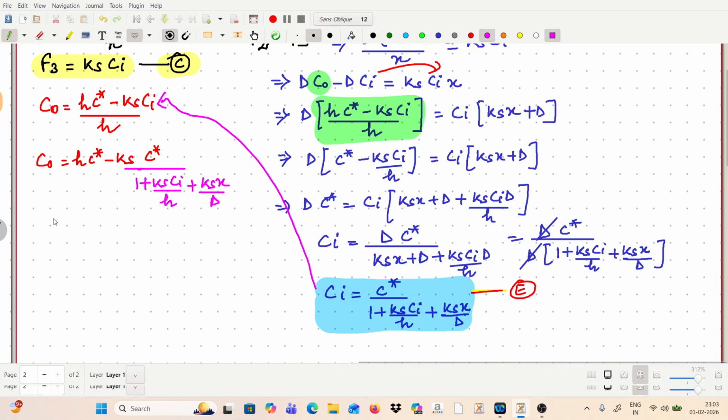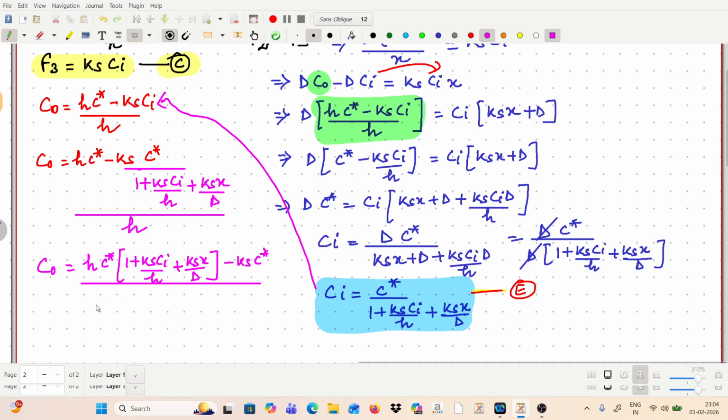Then C naught equals to H C star 1 plus KS CI, simple solution is there, KSX upon D minus KS C star upon H upon 1 plus KS CI by H plus KSX by D.